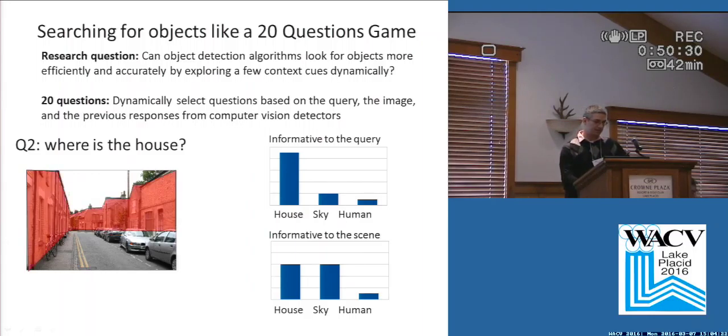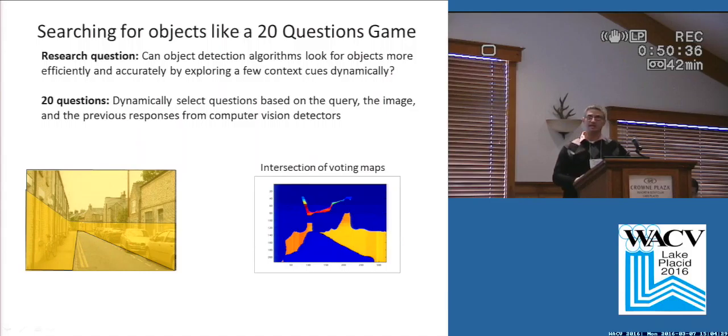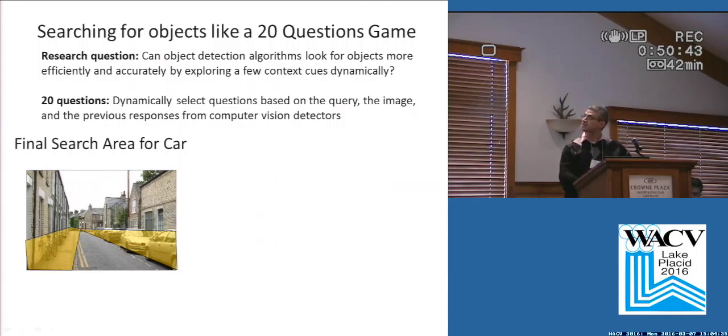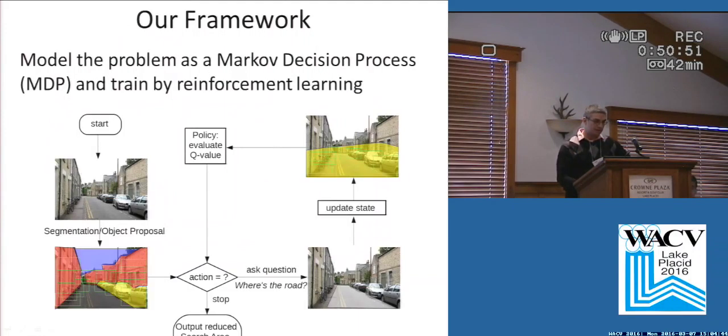So we can label buildings, and this reduces the search area for where the car might be, and we can have some process that reconciles these various search areas to give us a much smaller search area. Once we are done with this process, we can then run the expensive car detector only in the refined search region that we found.